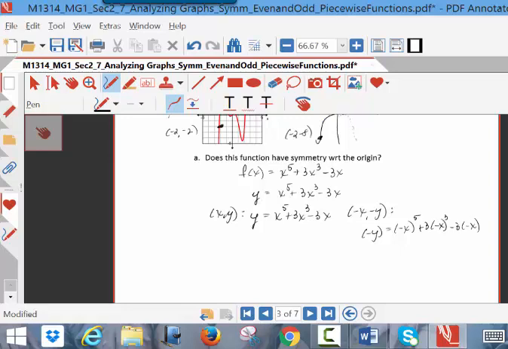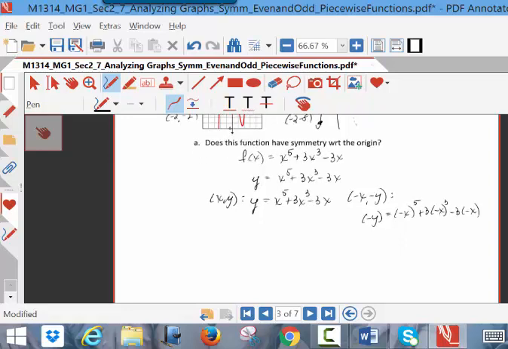Boy, there's a bunch of negatives, so be very careful. So this is -y equaling, a negative to the power of 5 is still negative, so this is -x to the 5th. A -x cubed is still negative, so that's really a -3x cubed. And then a negative times a negative on the end is a positive 3x. Have to be very careful with your signage.